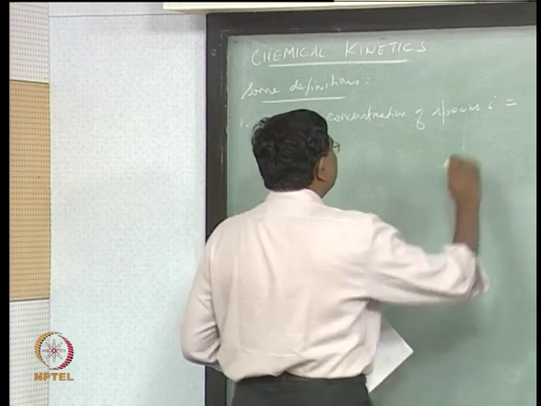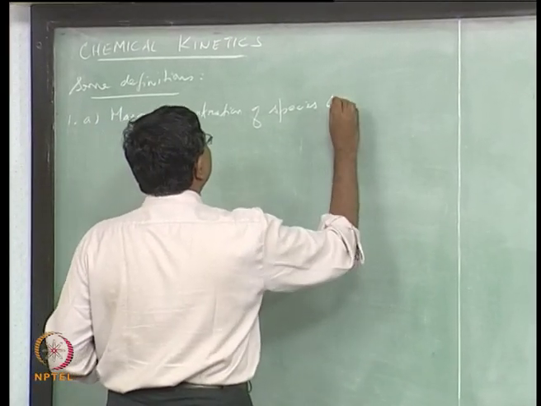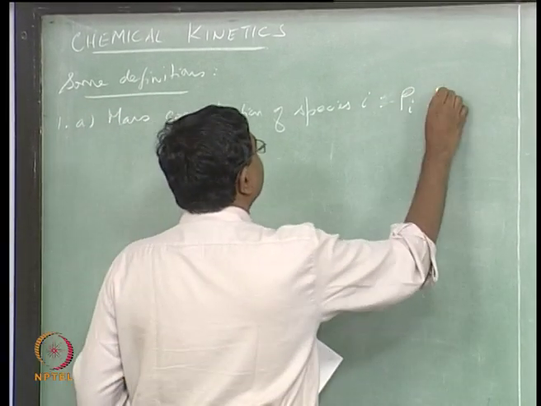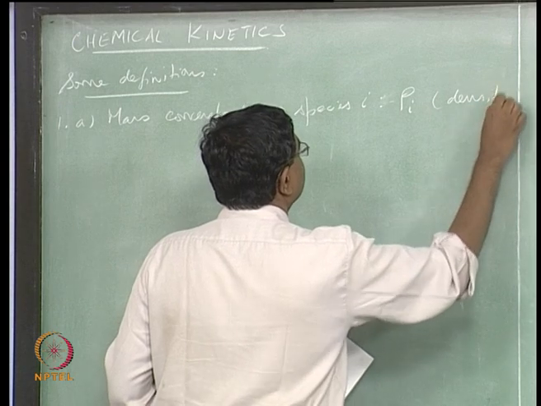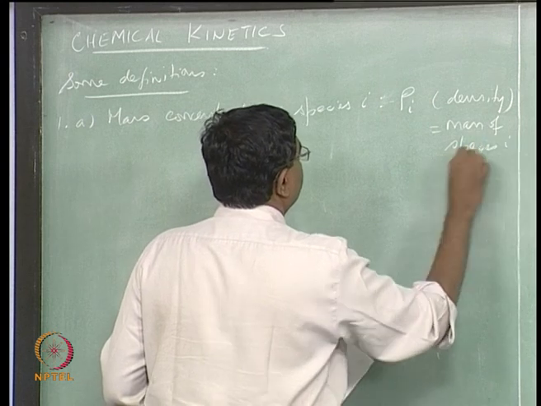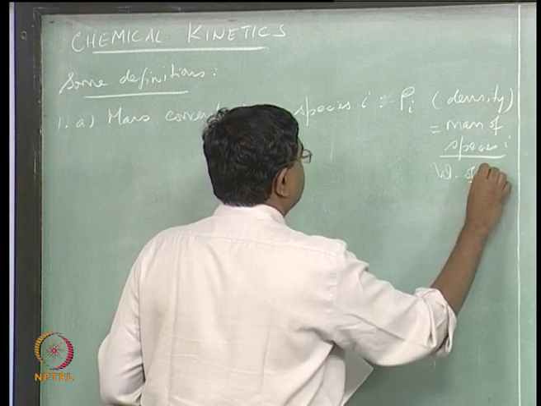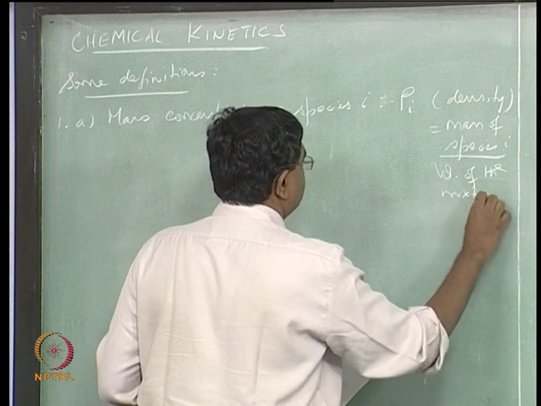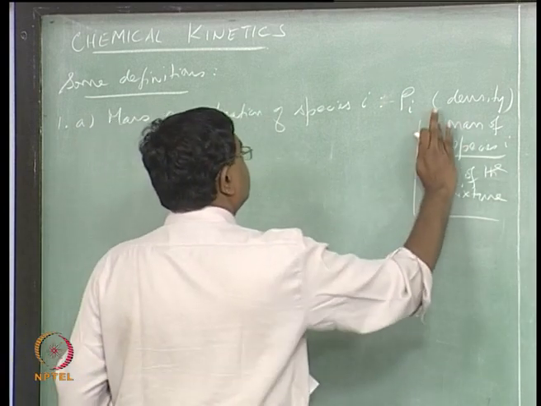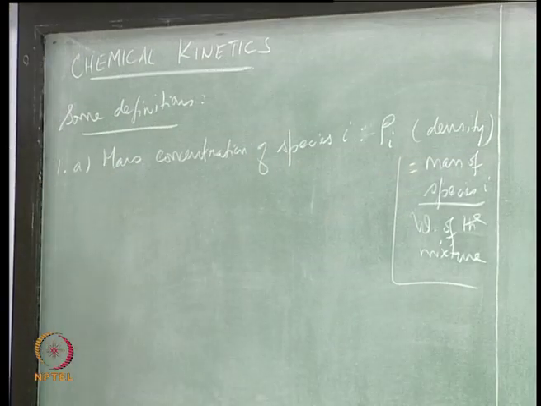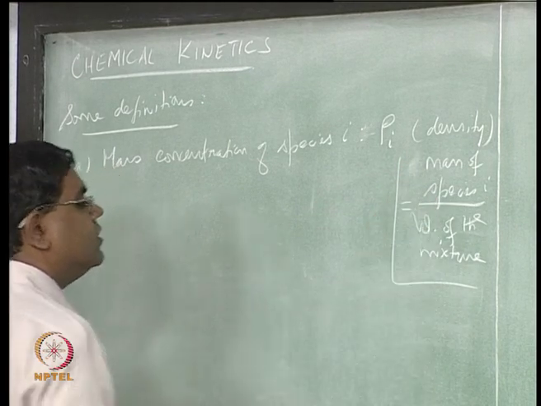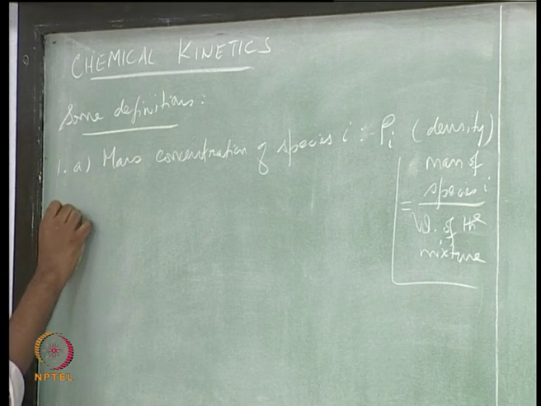This is given a symbol rho I, which is the density. It is equal to mass of species I in volume of the mixture. I am writing this in a congested manner because we are supposed to know this.